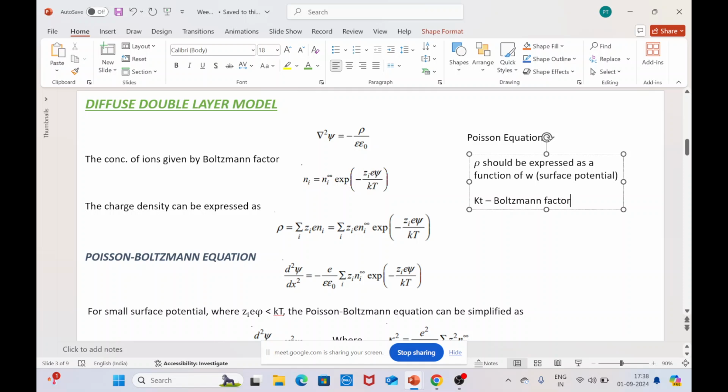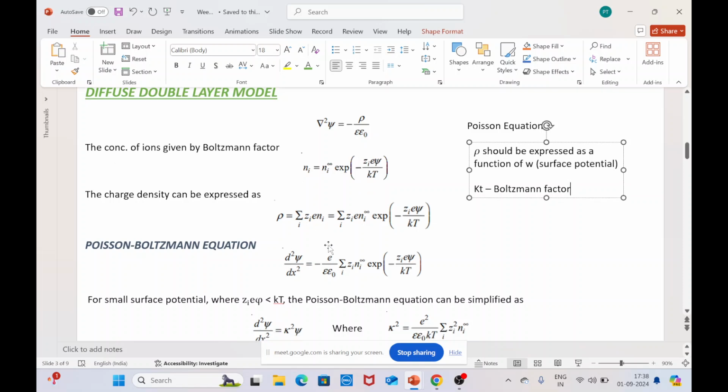So the thermal motion of your solution is expressed as a factor of kT or kBT. Both are the same. Once you have the expression for the concentration of the ions, you can use that to calculate your charge density, that is rho.